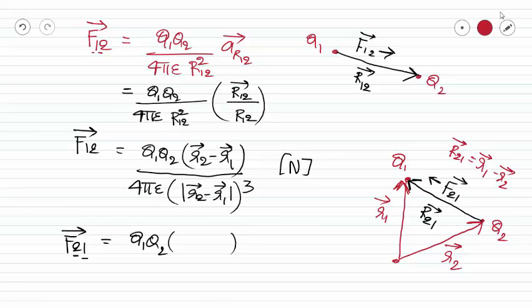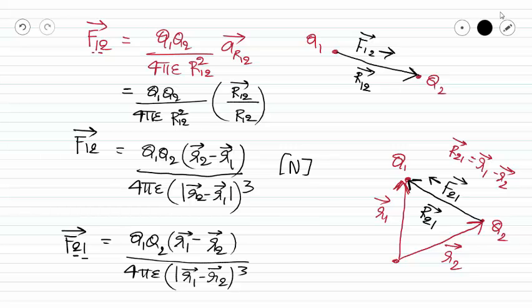So the force acting on charge Q1 due to Q2 is given by R1 bar minus R2 bar divided by 4 pi epsilon, magnitude R1 bar minus R2 bar whole cube.